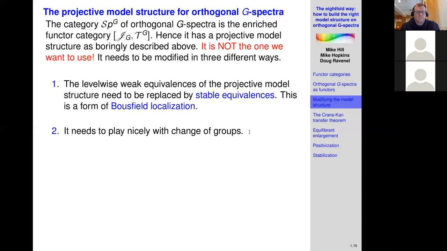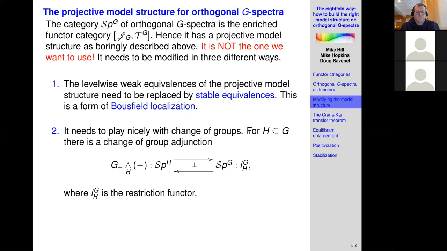The second condition is we need a model structure that plays nicely with change of groups. This is what I mean by that. If I have a subgroup H of G, then there is what you could call a change of group adjunction, meaning that there's a restriction functor from G-spectra to H-spectra.